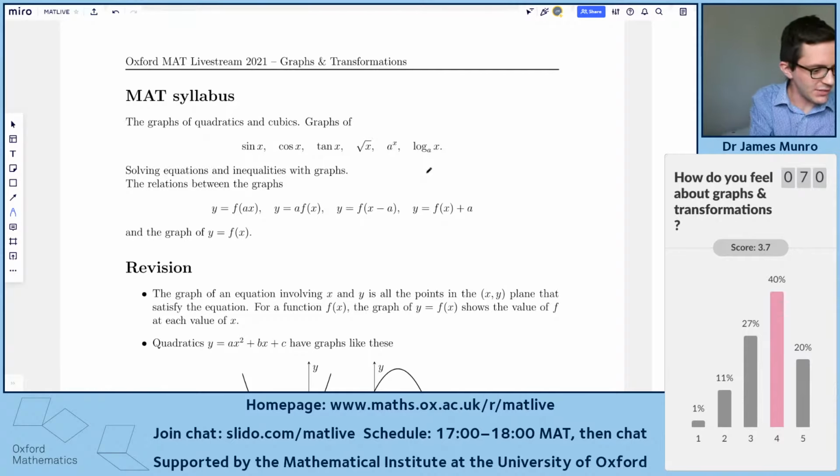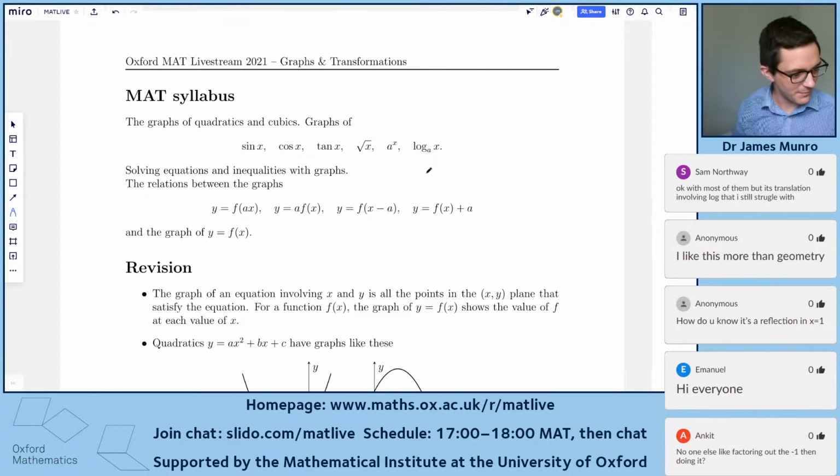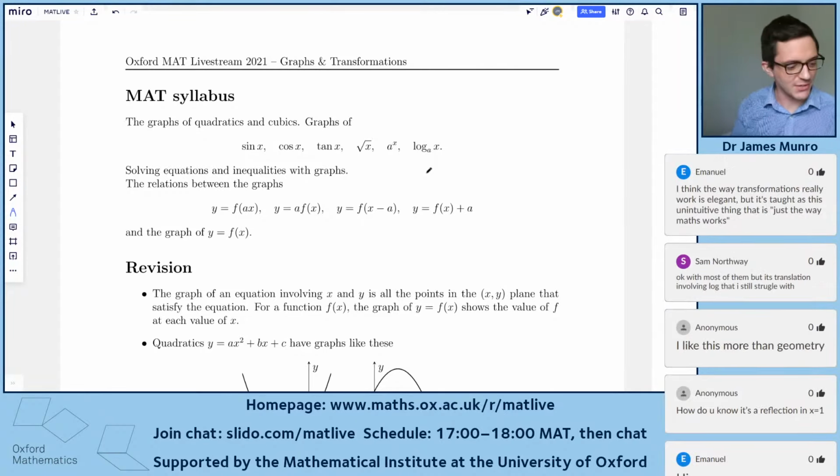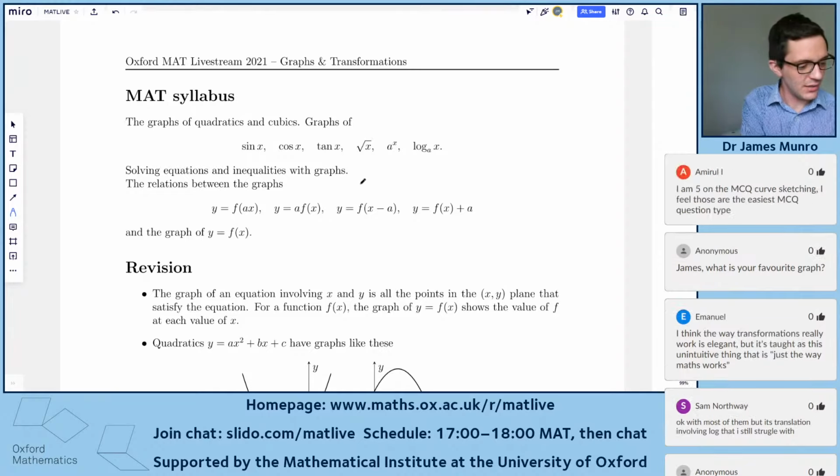Right. Okay. I'm going to turn that off so that we can see chat again. We have to have one or the other. Right. Cool. Good. Someone's asked my favourite graph. I'm going to try and not get off topic yet. Also, I don't have a canned answer ready. Okay. Good. Somebody would like the chat section.